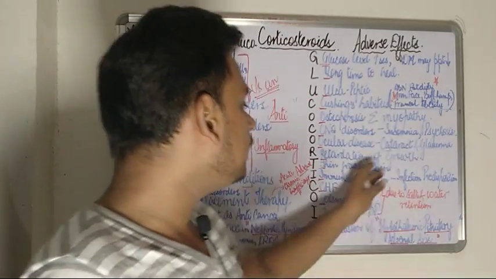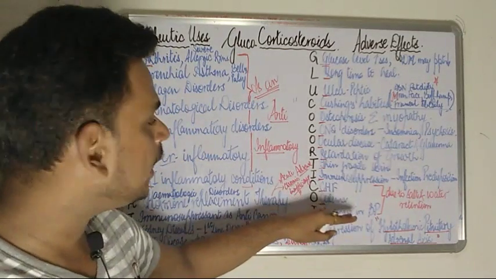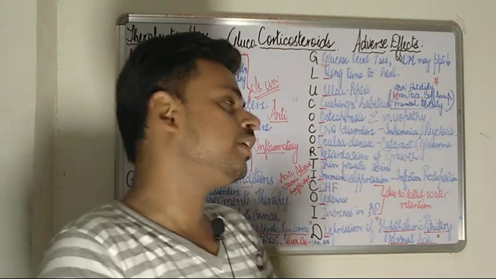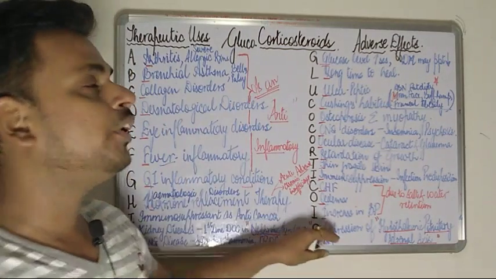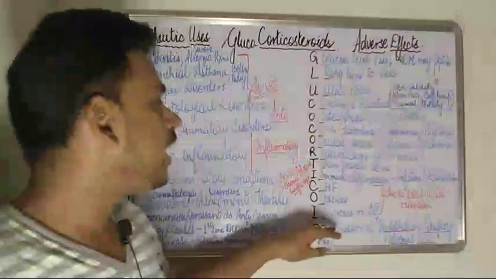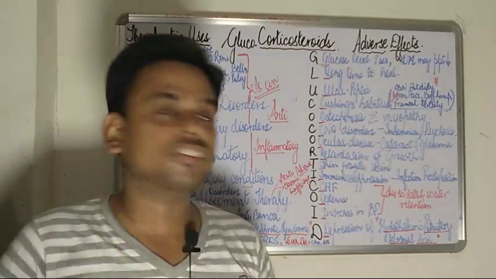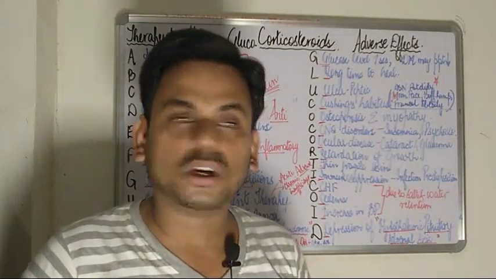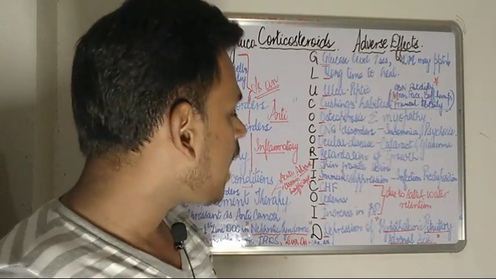So students, these three adverse effects, CHF, edema, and increase in blood pressure, are due to salt and water retention. Moving on to the last D of the glucocorticoids mnemonic, the last D refers to depression of the hypothalamic pituitary adrenal axis.